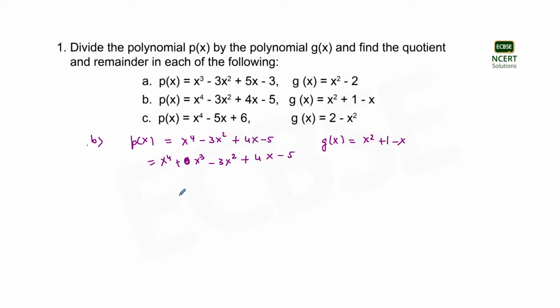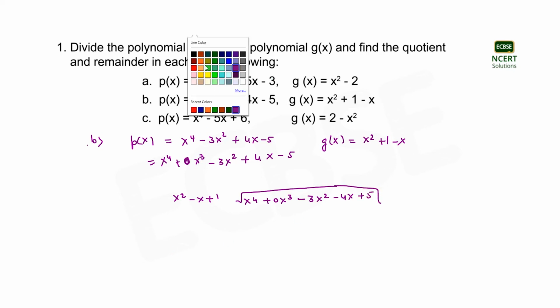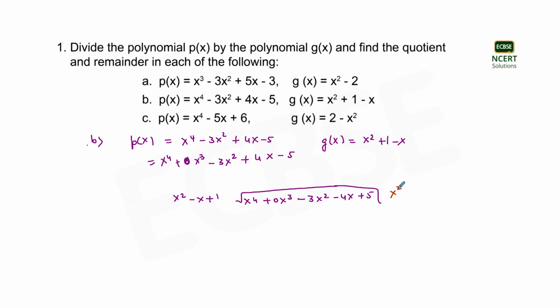Okay, now again performing the division, what will it be? Here it will be x^4 plus 0x cube minus 3x square minus 4 plus 5. Okay. Now dividing the first term of the dividend with the first term of the divisor, the term which we get is x square.